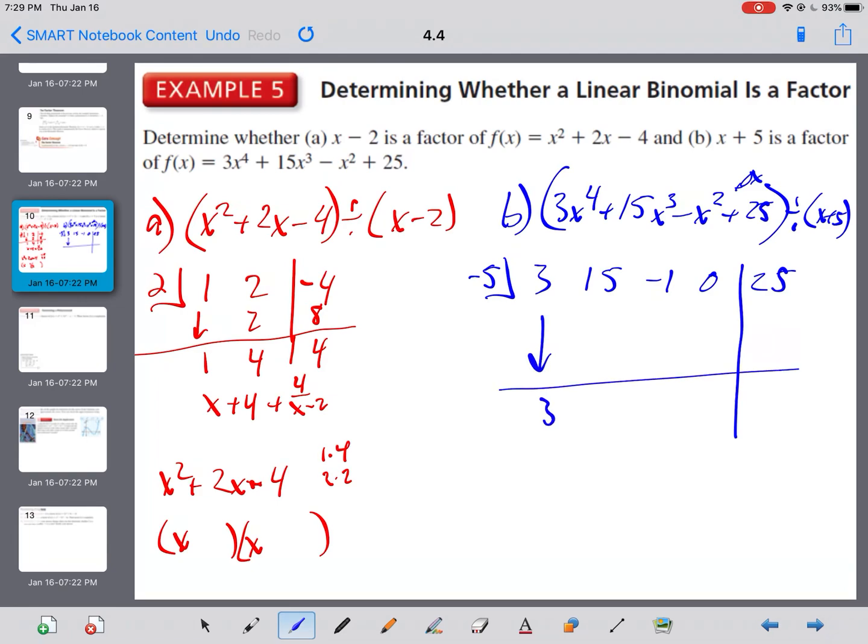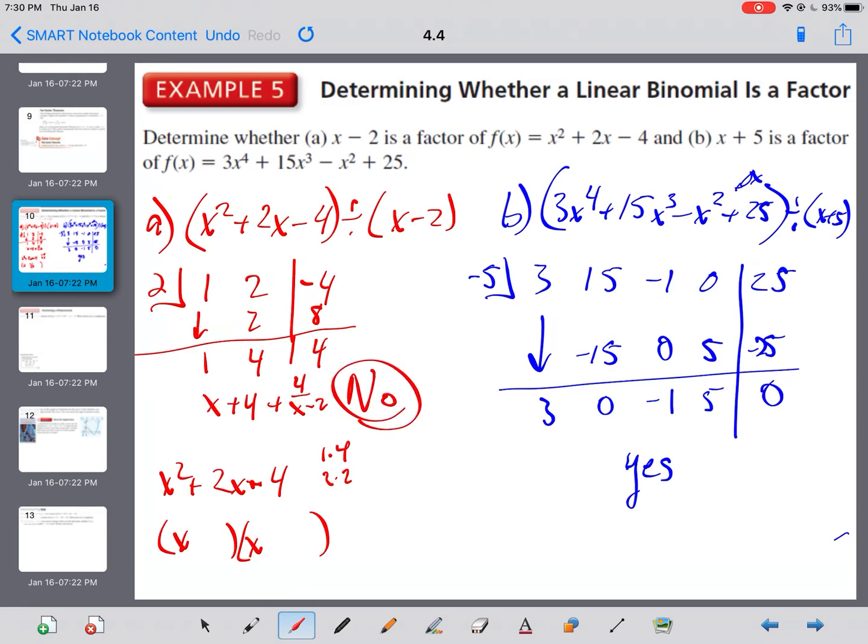Drop the 3. Negative 5 times 3 is negative 15. That makes 0. Negative 5 times 0 is 0. Negative 1. Negative 5 times negative 1 is 5. Makes 5. Negative 5 times 5 is negative 25, which is 0 remainder. So yes. Technically, I guess over here in red, no was the answer.